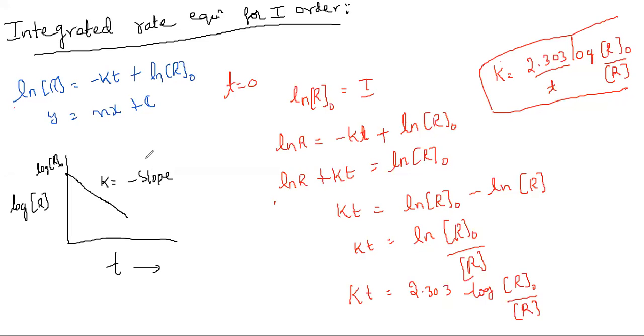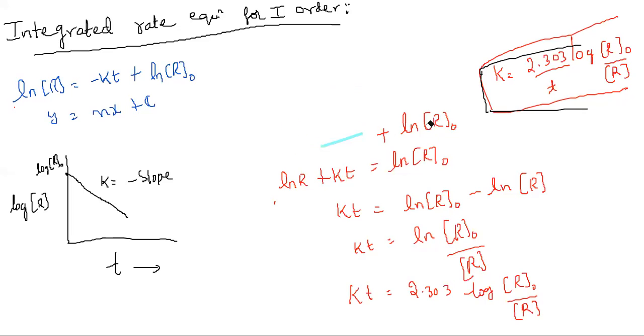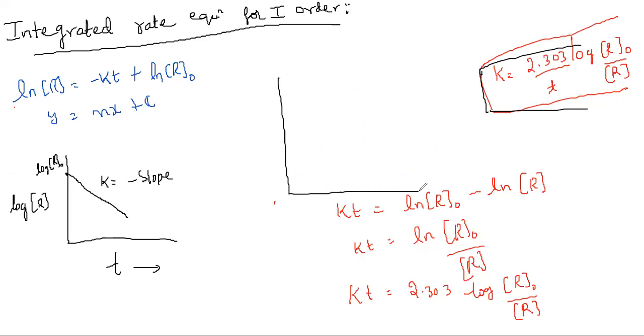Then if we take the equation which we have written here, and plot the graph, this is time t versus log of r naught by r. So this is the plot of log of r naught by r.